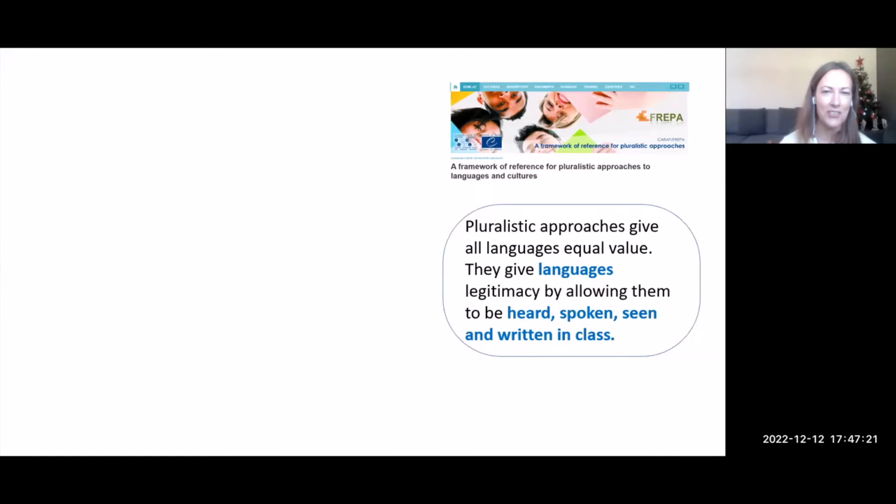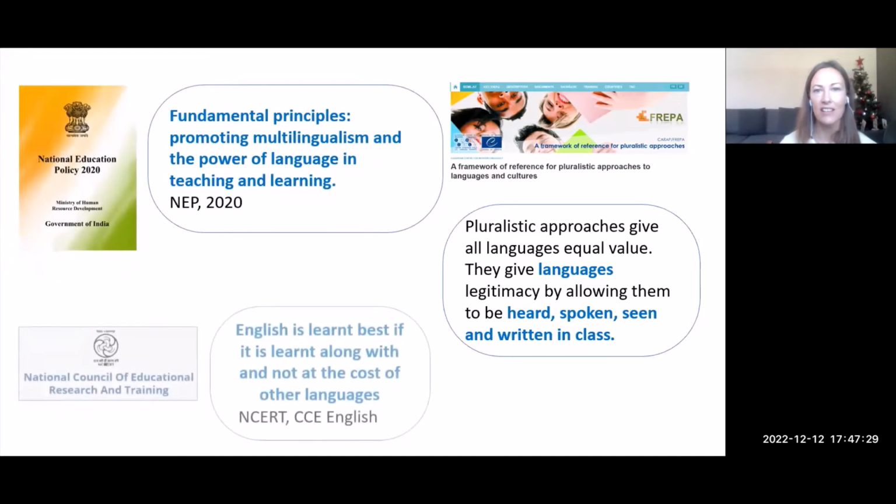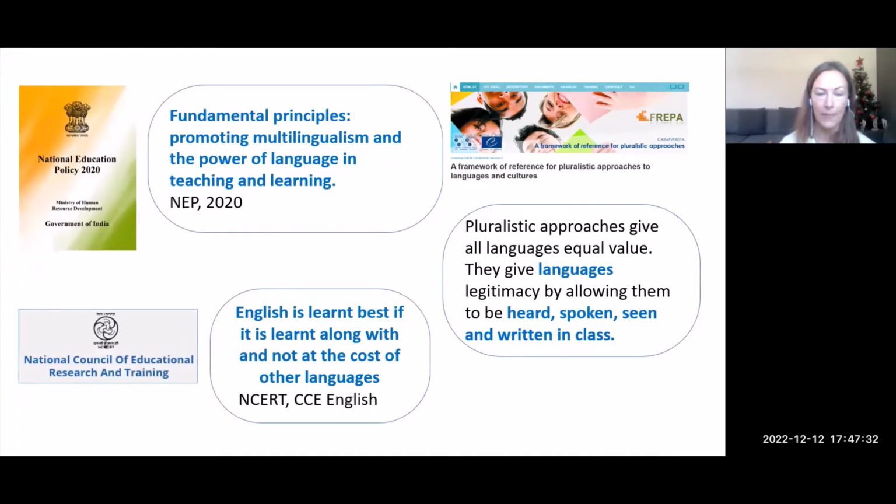Now, I thought it would be interesting to compare this with what is written in the Indian National Educational Policy. And also I have a quote here from the NCERT for English. So I'd like you to have a look at all three quotes to see, are there any similarities? And I think I can certainly see in all three quotes there, really importantly in the National Education Policy, promoting multilingualism.